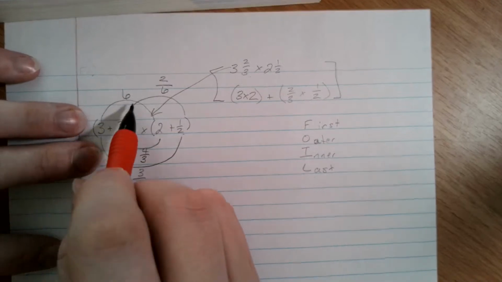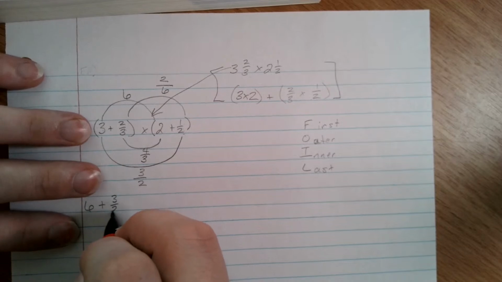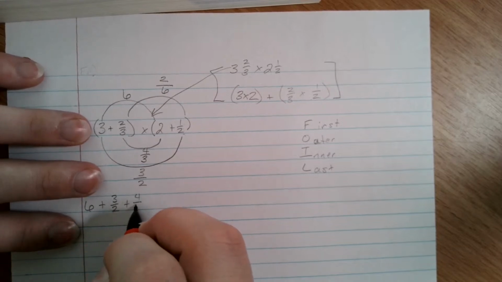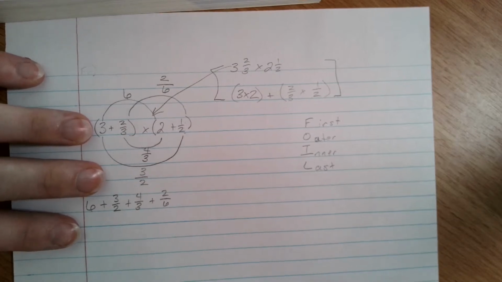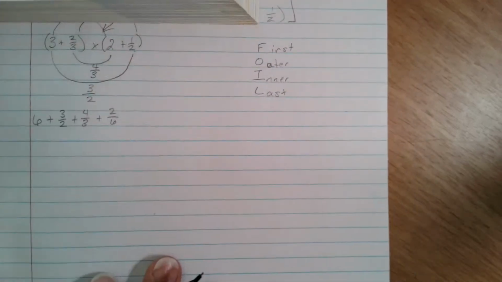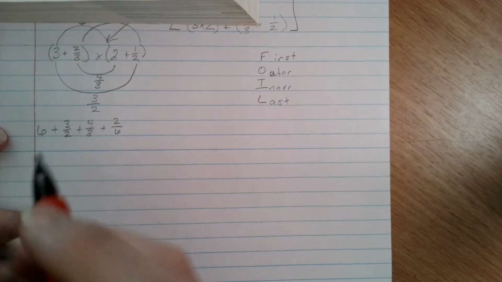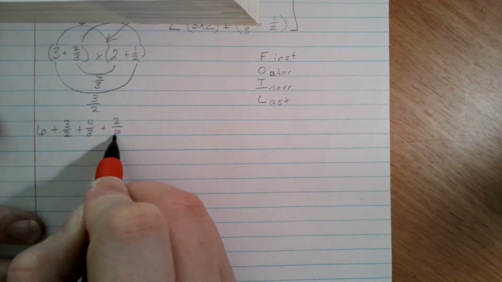And now you can sum all those pieces together. 6 plus 3 halves plus 4/3 plus 2/6. Now we haven't gotten quite into how to add fractions yet, so please bear with me as I make a jump to get a common denominator to be able to add them together.